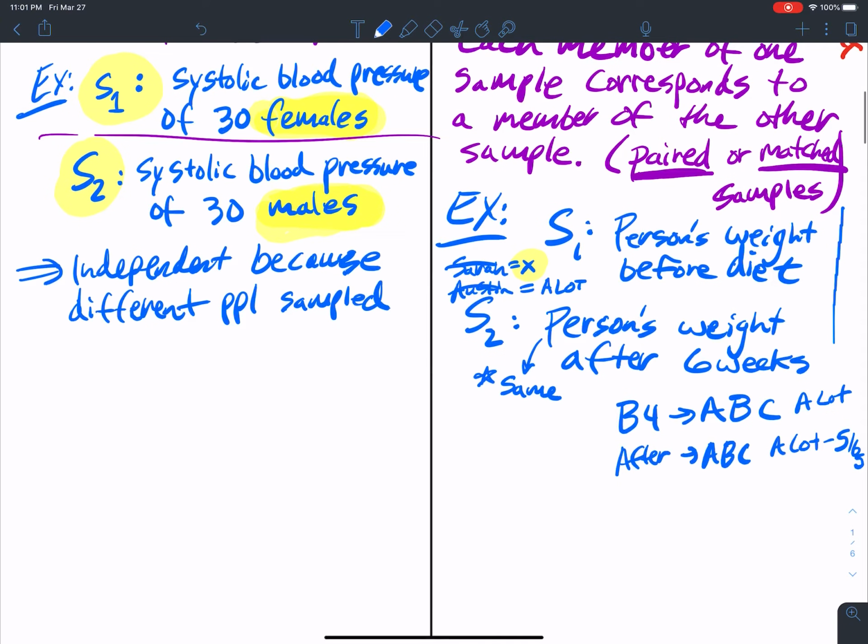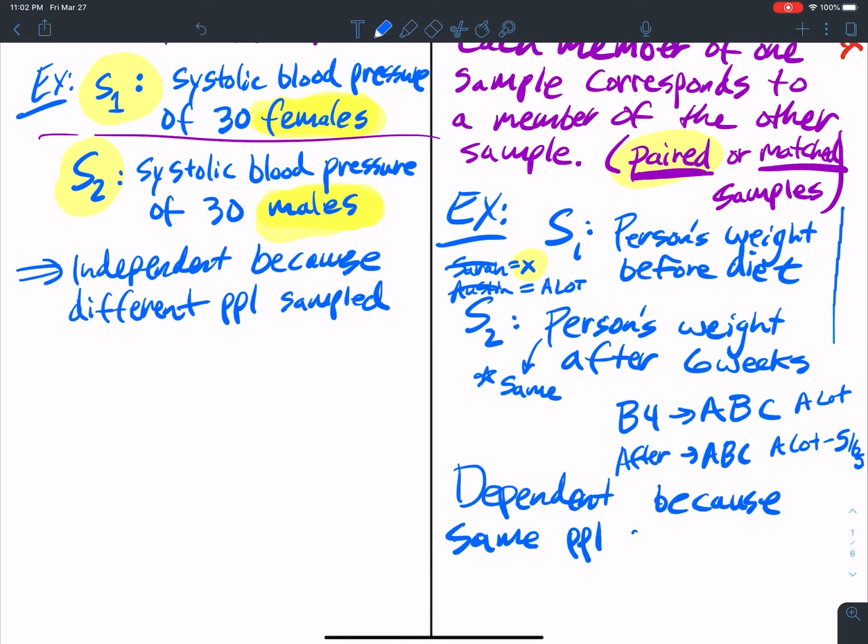So that's why we call it paired data, okay? The data is dependent because the same people were selected. All right.